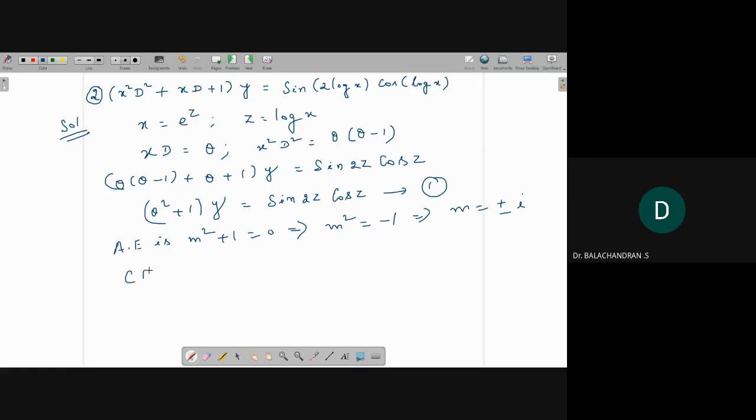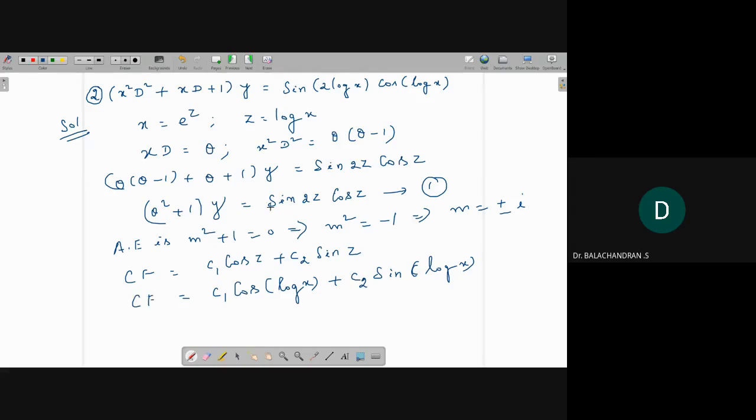CF is e power 0z into C1 into cos z plus C2 into sin z. So convert in terms of x: cos z is cos of log x, plus C2 into sin z, sine of log x. This is the CF, complementary function.